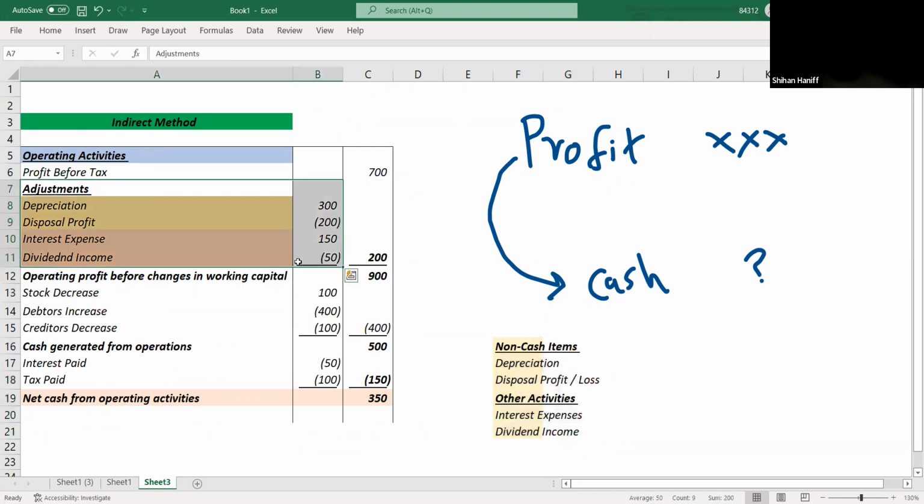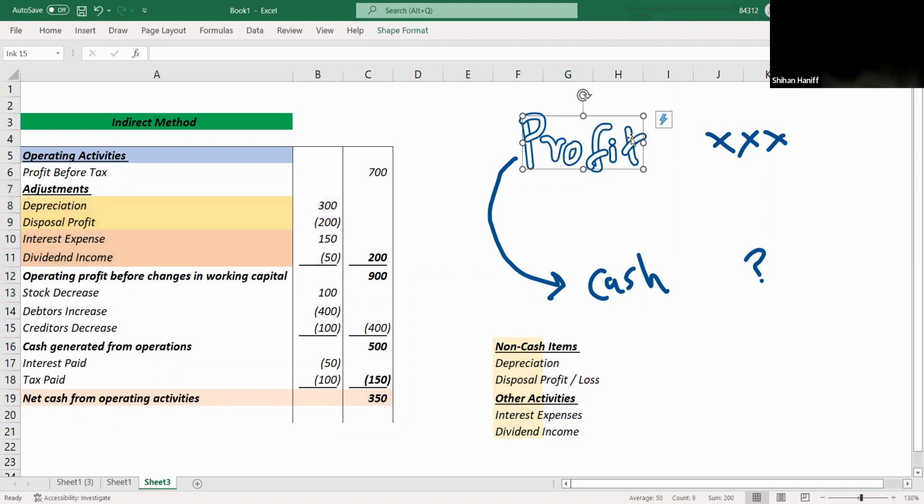Then other than that, in the profit there are credit sales, credit purchases, and other items which are not done in cash. So they are called working capital.